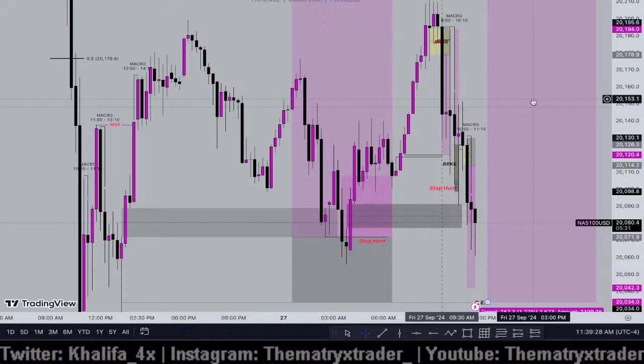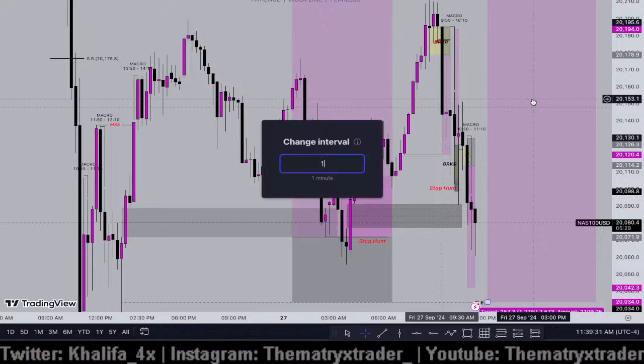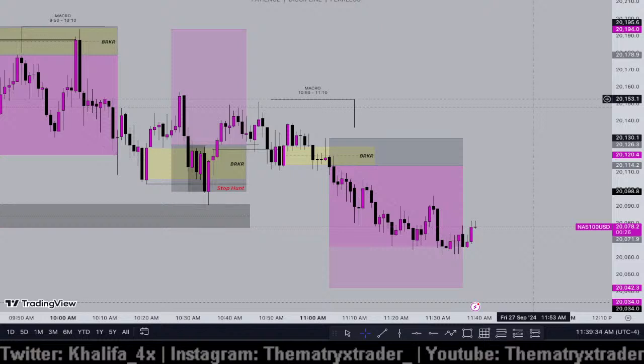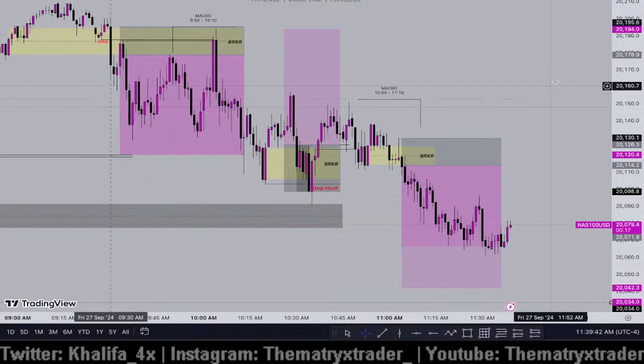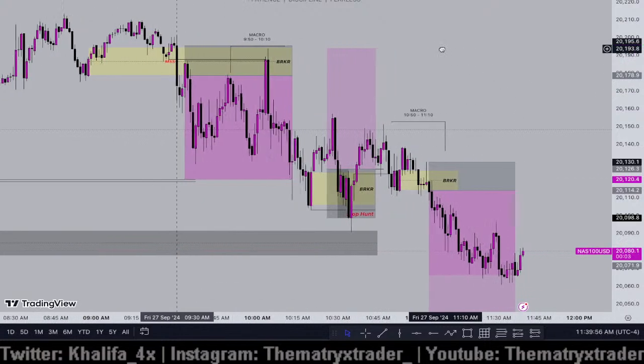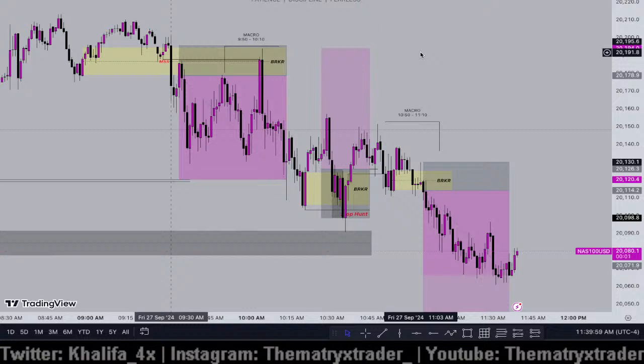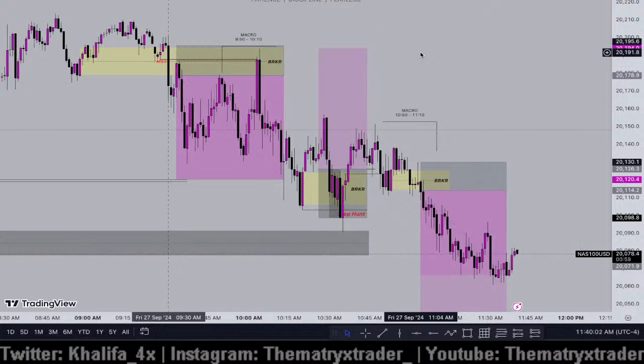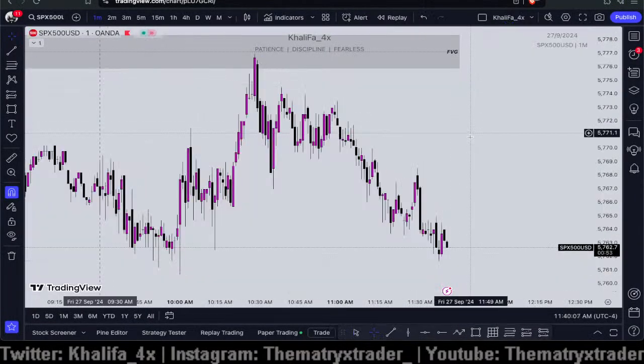No one? Okay. No one is in this trade. How is that possible that nobody is in the trade?